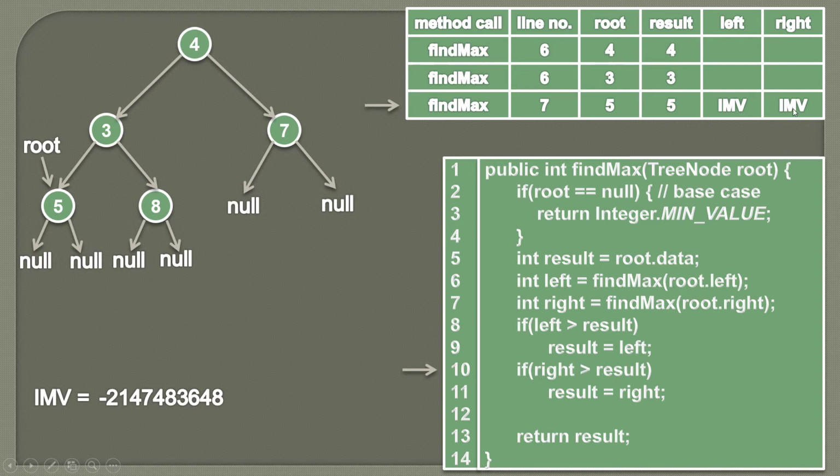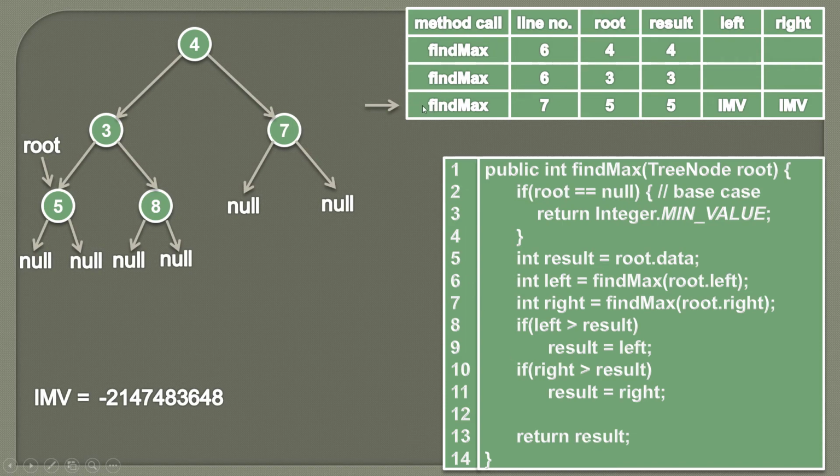Right's value is also integer's minimum value. So this condition also comes out to be false. And here you can see that among this node, the maximum value is of the root, which is 5. So we'll simply return 5 from this findMax method. Now this findMax method will be removed from the call stack, and the return value will be 5.